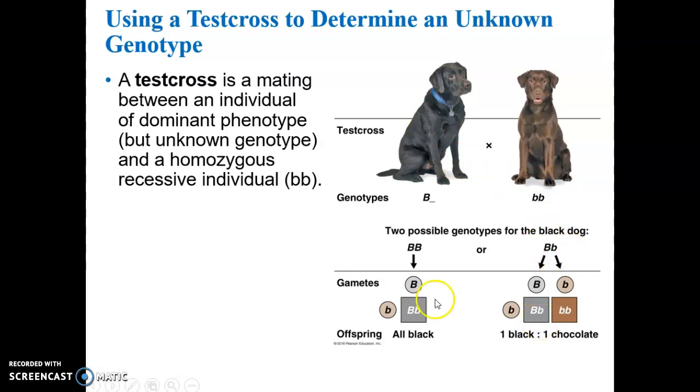Okay? Now, ideally, if you were actually going to do this experiment, you'd have a couple of litters to make sure you had enough offspring to verify that, oh yeah, at least some chocolate labs would pop up to indicate that that black lab parent had to be heterozygote.